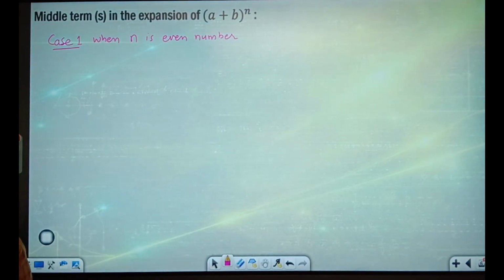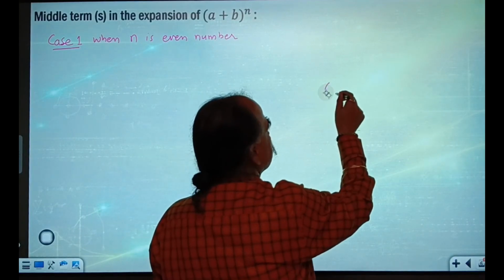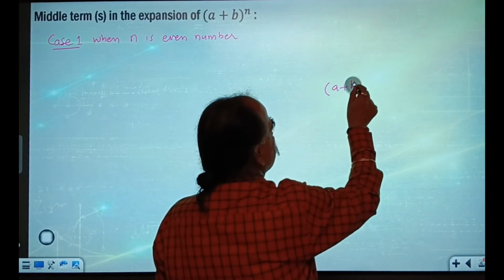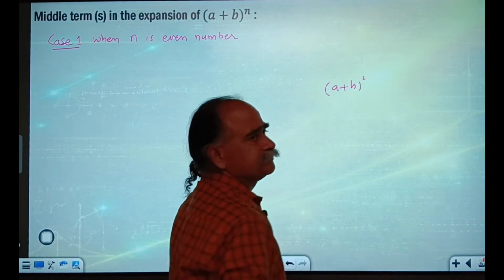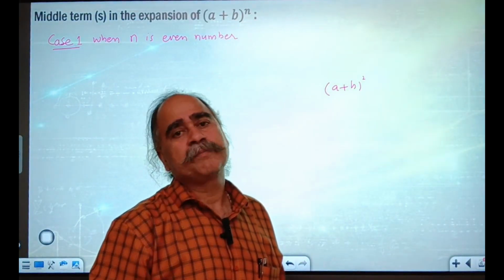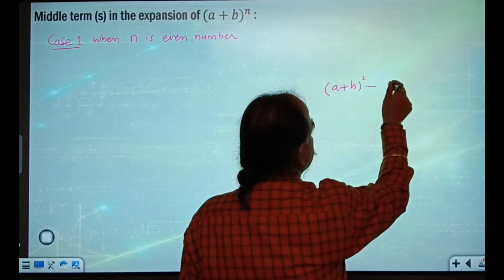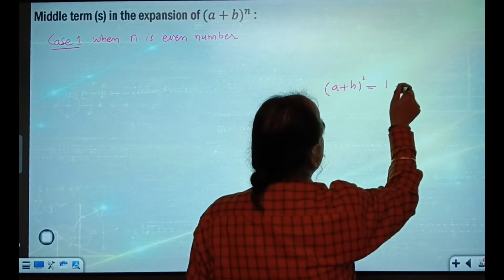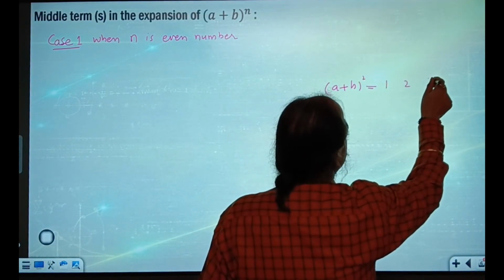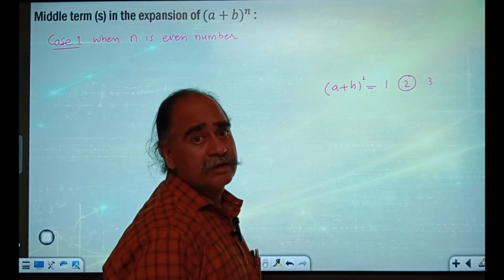Even number. For example, (a plus b) square. Number of terms in the expansion is what? 1 more than the power. If power is 2, the number of terms will be 3. 1, 2, 3. There is one middle term in there.